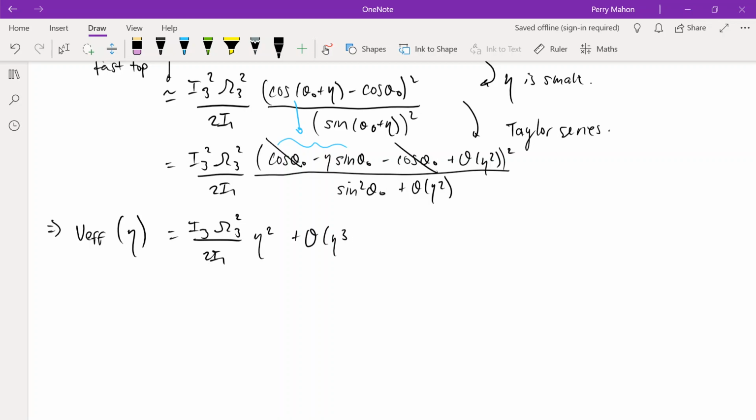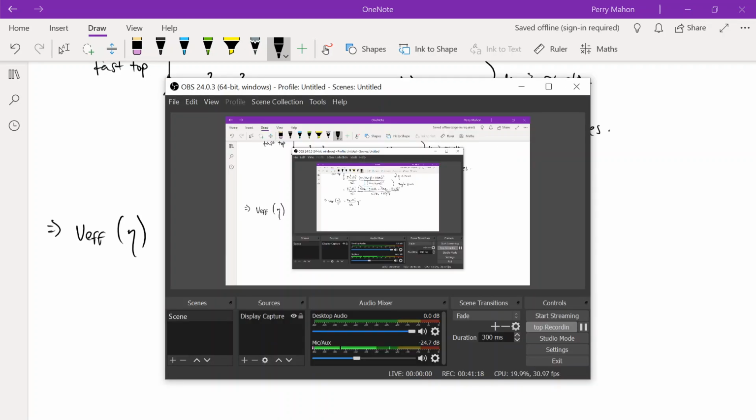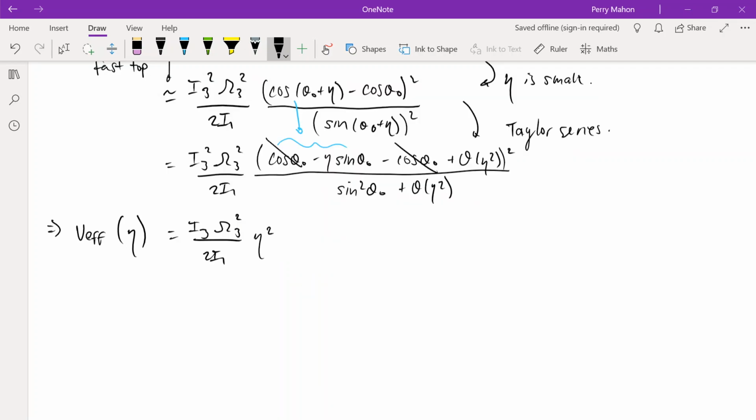Right, so we're going to neglect the higher order in eta terms, so that V effective just has this form here. And what we've implemented in going from here to here is we've noticed that this sine term is squared, so it will cancel with this denominator.